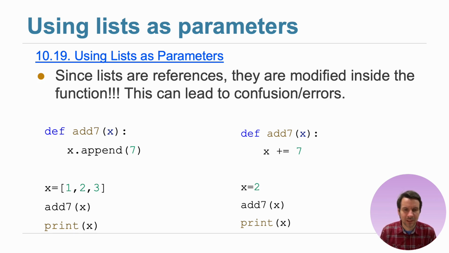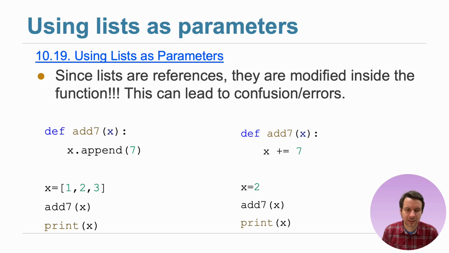Right? So here is an interesting thing: if you call the function add 7 that is on the left, in the end the list x will contain 1, 2, 3, 7, because the list was sent to the function add 7 as a reference.